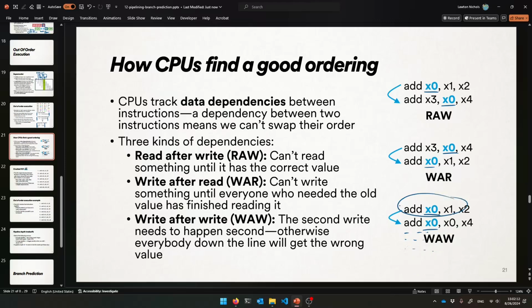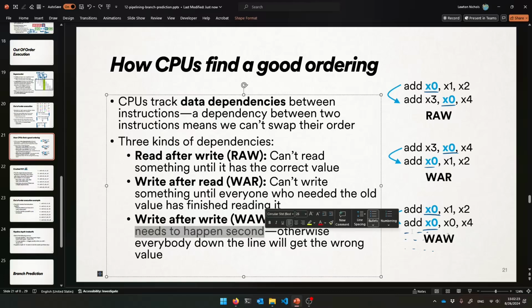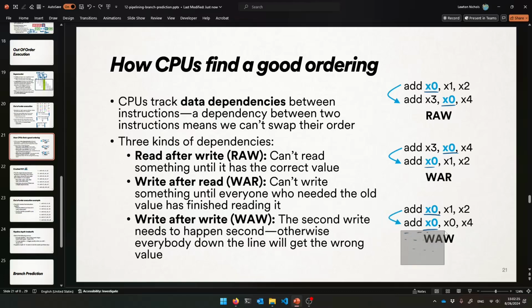Otherwise, if this one really came down here, we'd be getting a different value for x0 that every other instruction sees. Do you see that? That's not good. So yeah, the second write needs to happen second. Otherwise, everybody who depends on that value down here is missing out. It's getting the wrong value of x0 if you swap these guys, okay? Everybody down the line is getting the wrong value otherwise, okay?